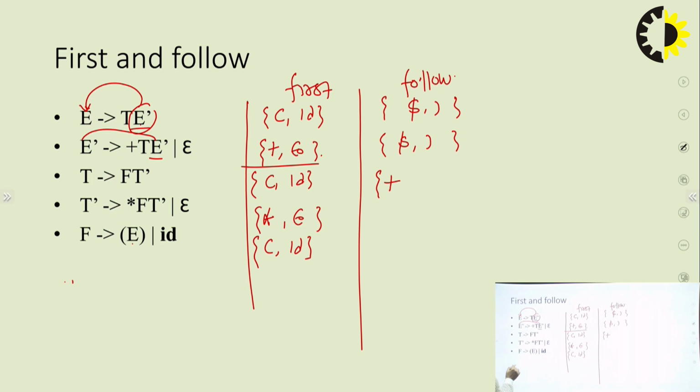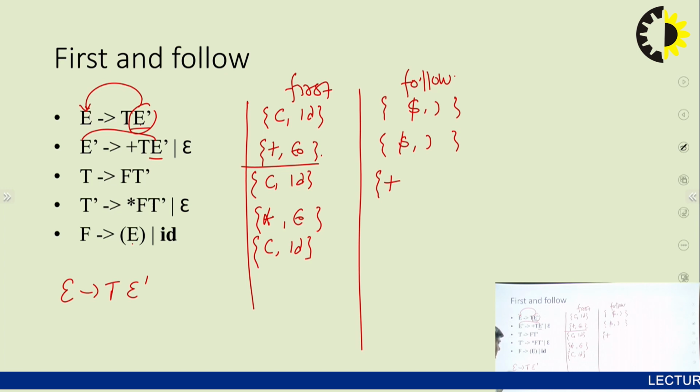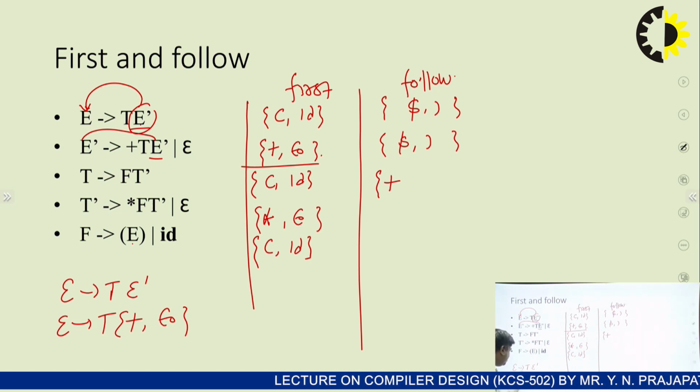We simply write down here T plus E dash. And what is the follow of T? That is the first of E dash. It means plus and epsilon. What is the follow for this? The follow of T is equal to plus.